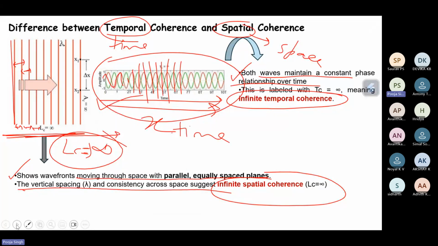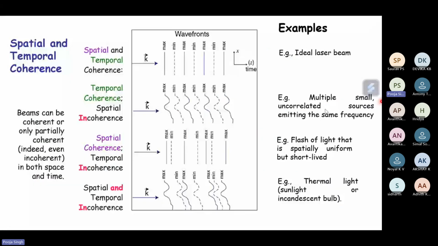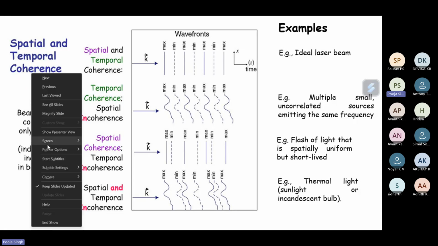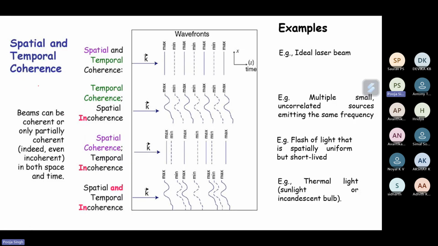Now you have to differentiate with this figure and where this kind of coherent system we can apply. You just have to keep concentrating for a short time. What I said is that spatial means space, and temporal means time dependent.